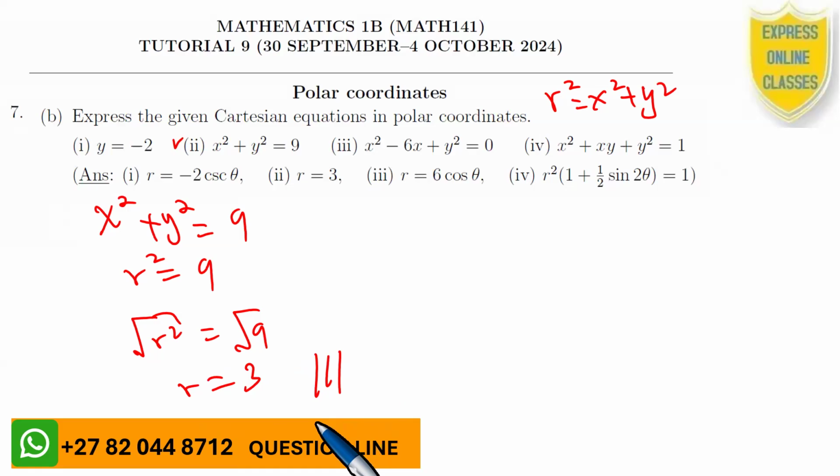We have been able to convert that equation to r equals 3, and r equals 3 is the required answer.